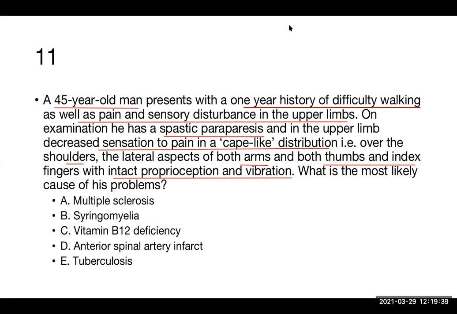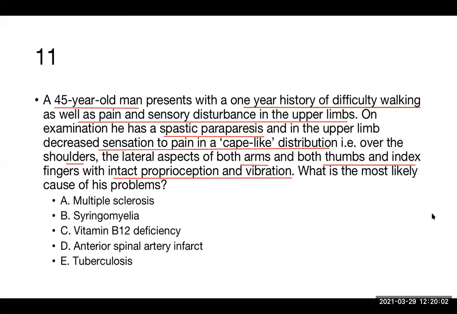Now, this is a little bit confusing case for many students because of the amount of neurological problems included here. So if I want to solve this type of case, what do I do? I will take a paper and pen and write down these important features, and then think about it. What is happening here? What type of features are they?